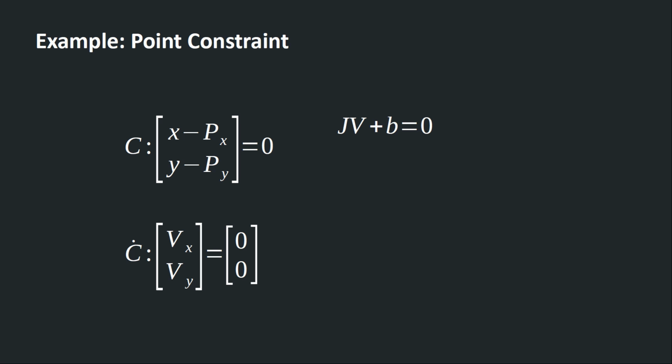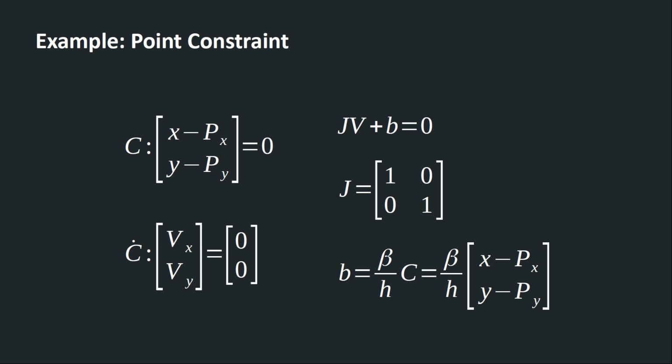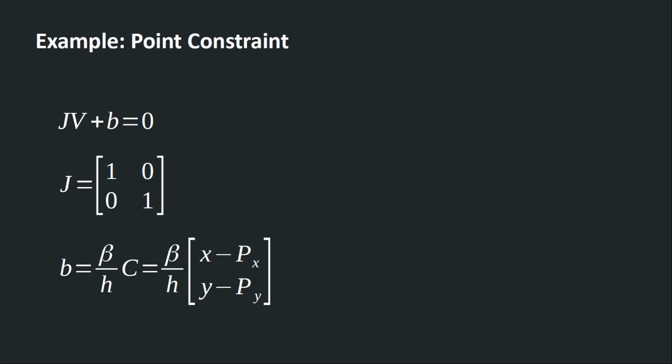And now we're going to do some term matching. General form is JV plus b equals 0. And the Jacobian is the identity matrix here. And the bias term is the Baumgarte stabilization term using the position error as feedback. And let's move everything on the right to the left.